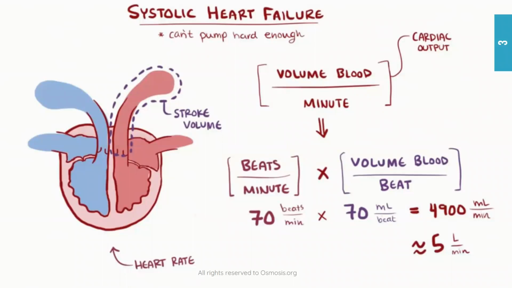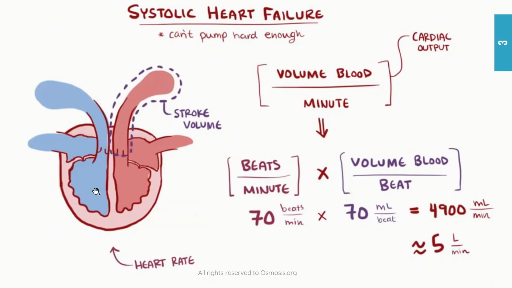The systolic heart failure means that the heart cannot pump hard enough. Like the ventricle, this one, that pumps the oxygenated blood to the rest of the body, does not pump hard enough. Okay? Diastolic means that the heart cannot fill enough, which is this one.